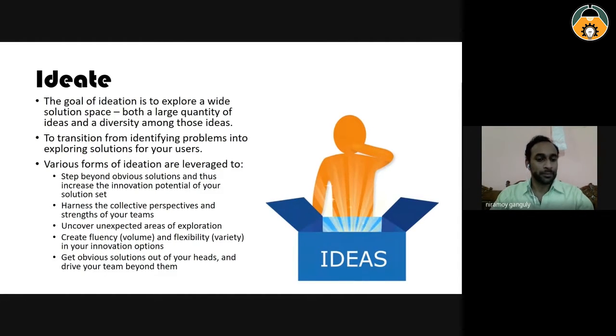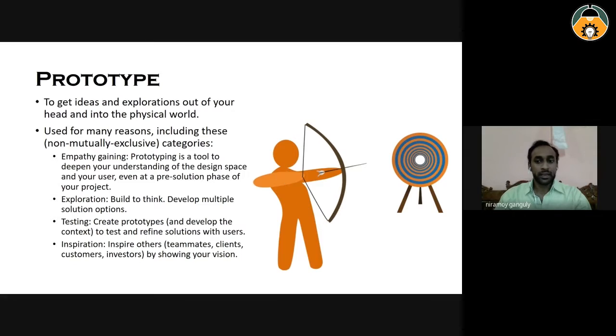And obviously getting a really hands-on approach from all your team members collaborating together to try and find a more creative solution.